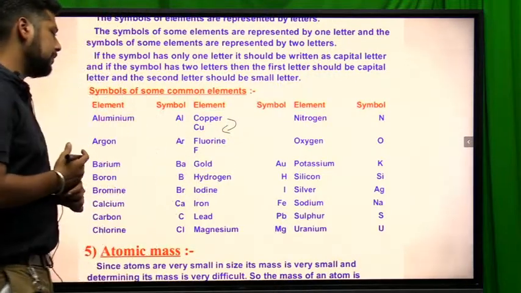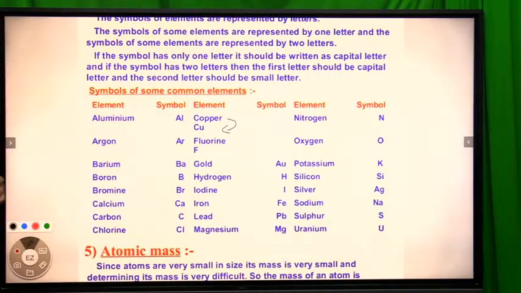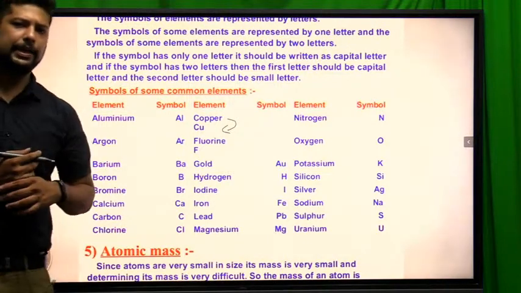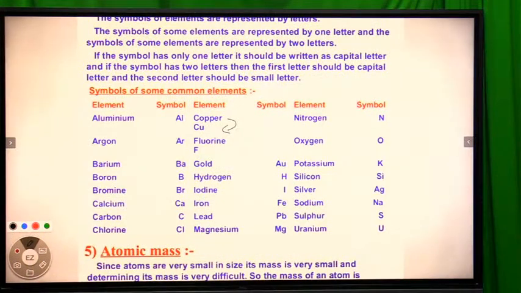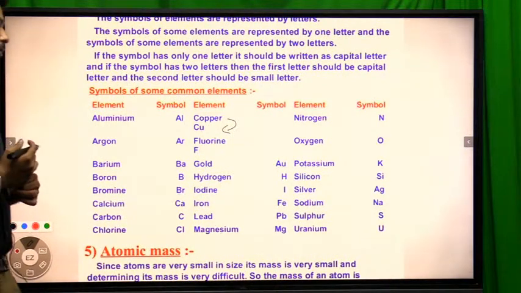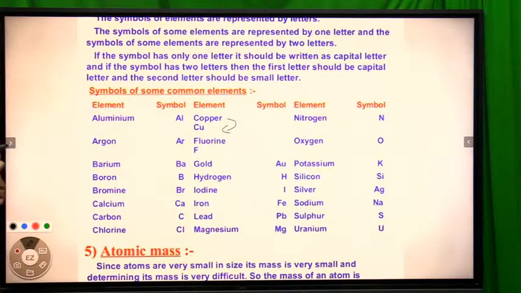Fluorine is F, gold is Au, hydrogen H, iodine I, iron Fe. Iron is taken from the Greek word ferrium. Iron Fe, lead Pb, magnesium Mg, nitrogen N, oxygen O, potassium K, silicon Si, silver Ag, sodium Na, sulfur S, uranium U. So these are some common symbols for the elements. To represent the element, we should write like this.